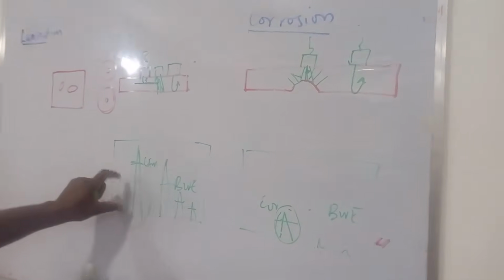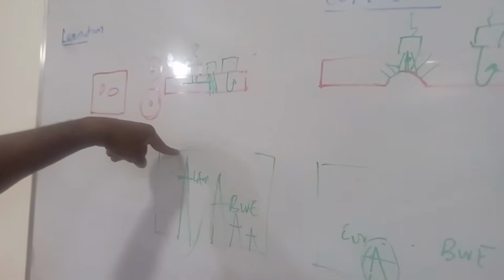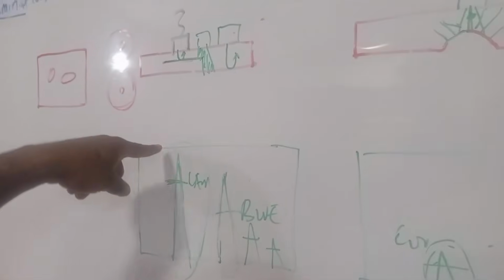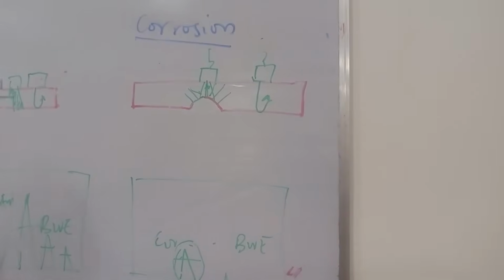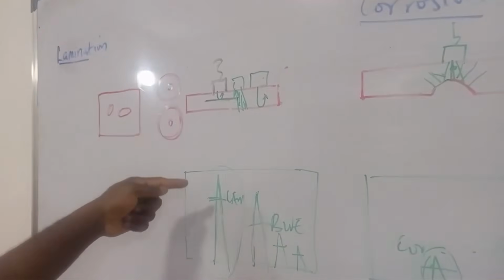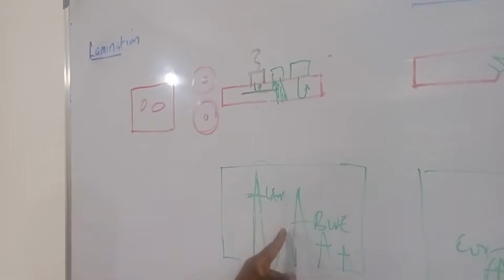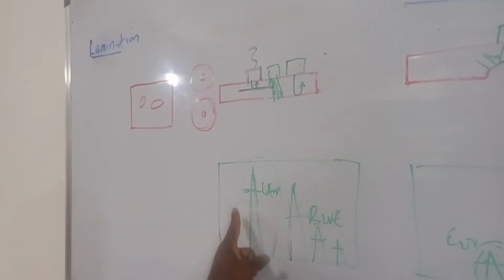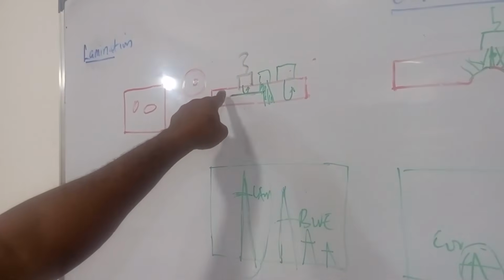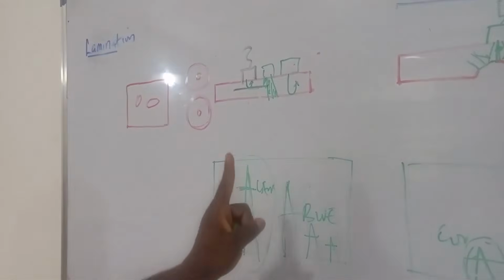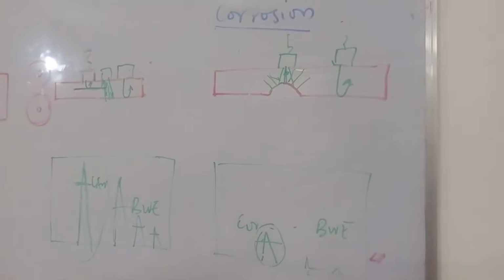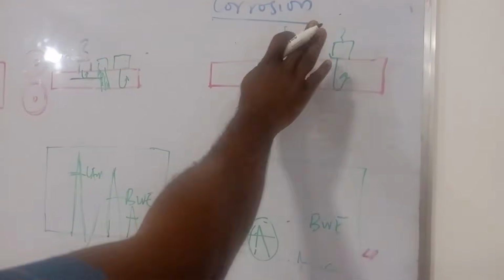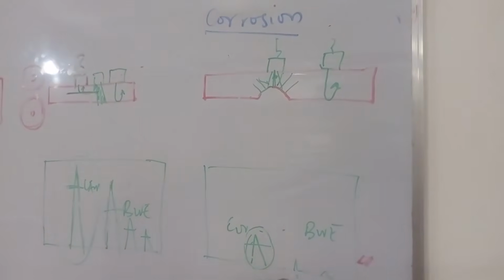So first difference, lamination has a longer echo compared to the back wall. Corrosion has a smaller one. The second difference is lamination has the ability to repeat itself. It produces a clearer, sharper echo, so it repeats itself, but corrosion does not repeat easily because a lot of the ultrasound is scattered.